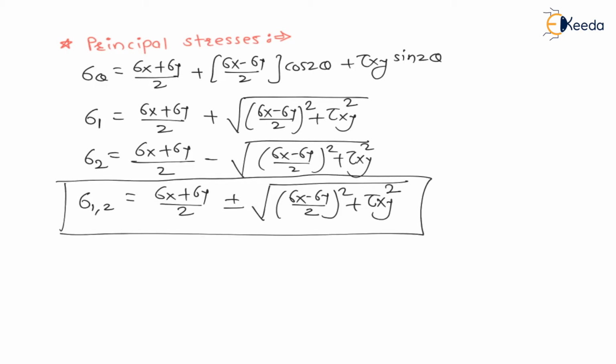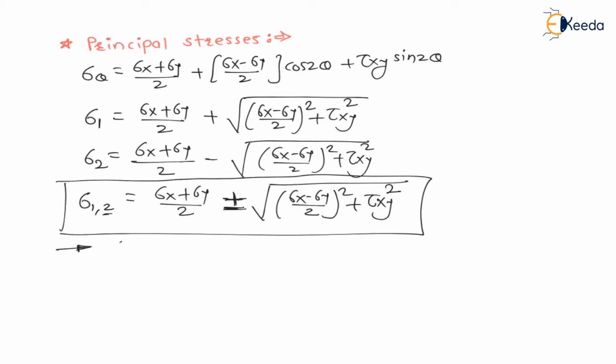Sigma 1 is the major principal stress, and while calculating sigma 1 we have to put plus sign, and sigma 2 is the minor principal stress, and while calculating sigma 2 we have to put minus sign, right? Now here we have to understand some basics of principal stresses and principal planes. The planes on which these principal stresses are acting are called principal planes.